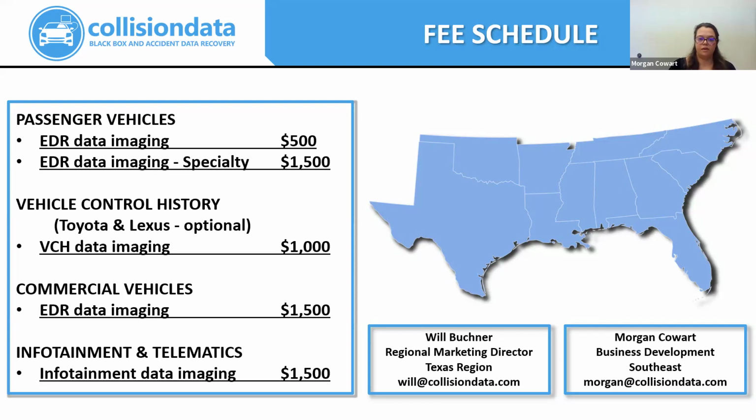For commercial motor vehicles, $1,500 flat again to go out and retrieve that. And then lastly, the infotainment and telematics, that is $1,500 for the download. It does not include the EDR data imaging. So if you wanted both, it would be $2,000 to get both of those downloads.